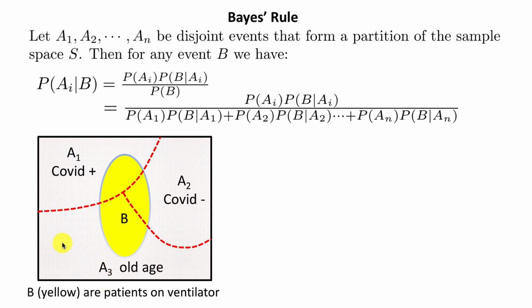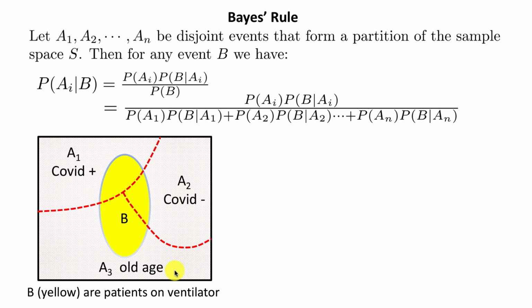Clearly, there are no common members between A1, A2, A3. So, for example, it could be that A1 is the set of patients who have tested positive for COVID. A2 is the set of patients who have tested negative for COVID. And both A1 and A2 are young patients, but A3 are old patients.